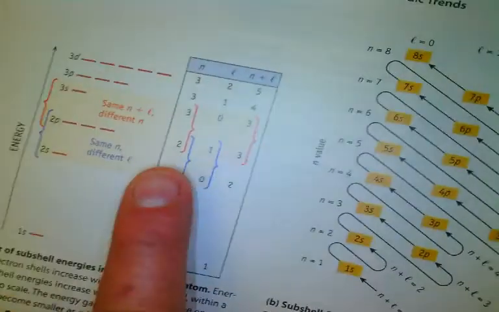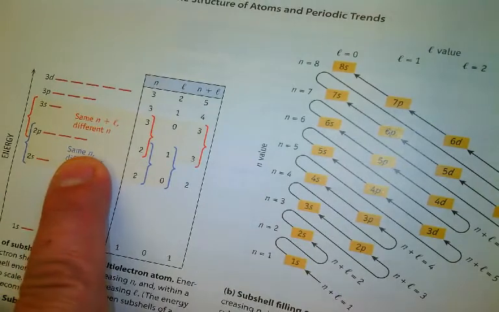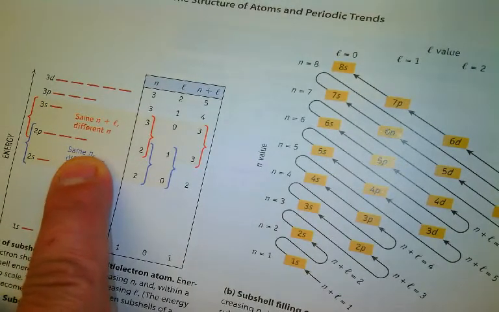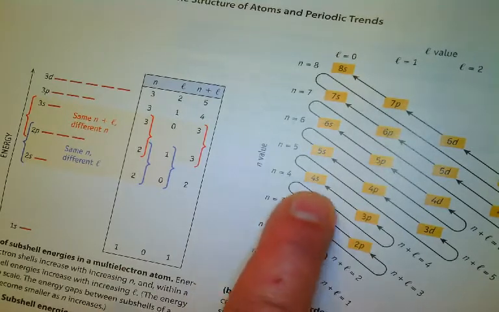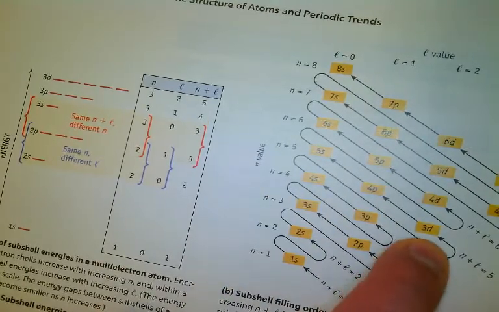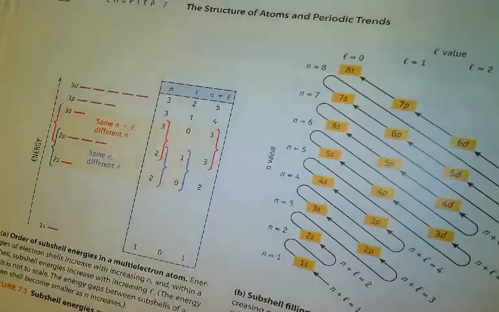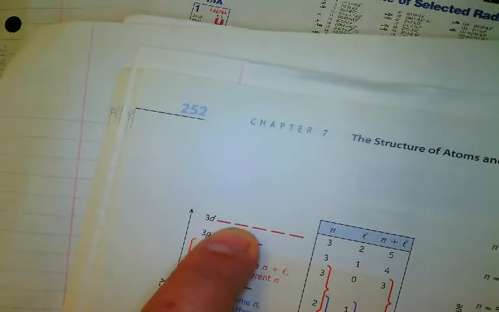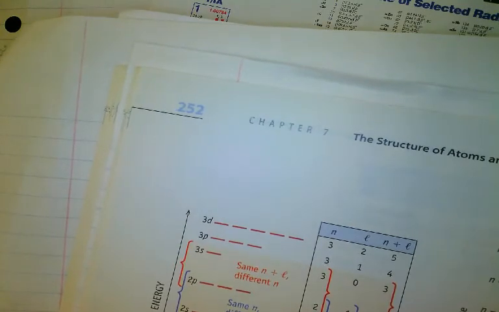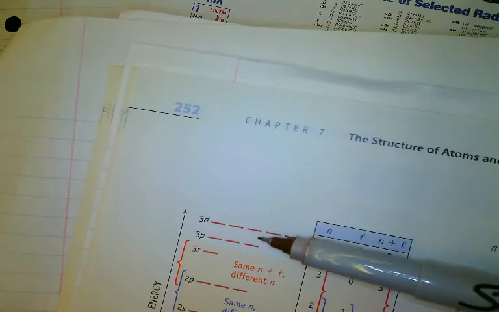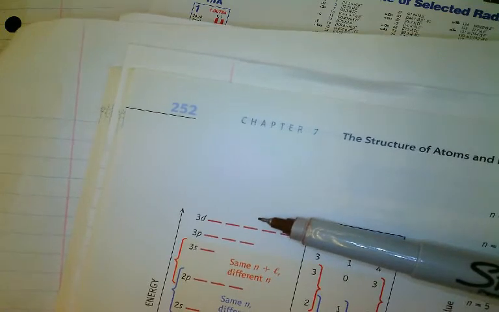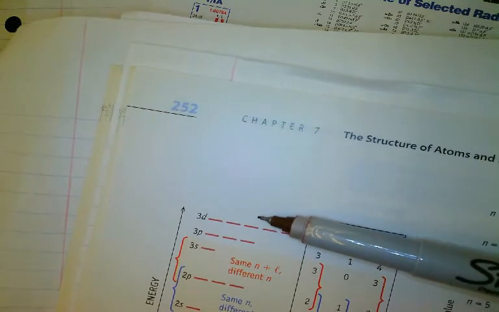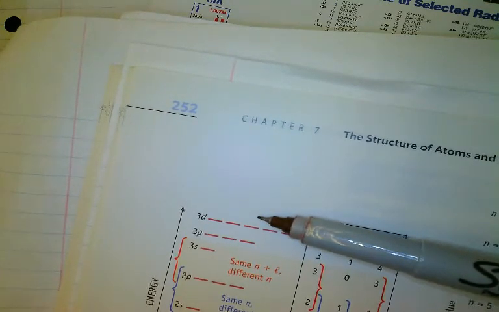They actually developed this from this. And this explains why all of a sudden it goes from 4s to 3d, because 3d is actually between 4s and 3p and 4p. So 4s would actually be right here, and 4p would be right there on that energy chart. Does that make sense?